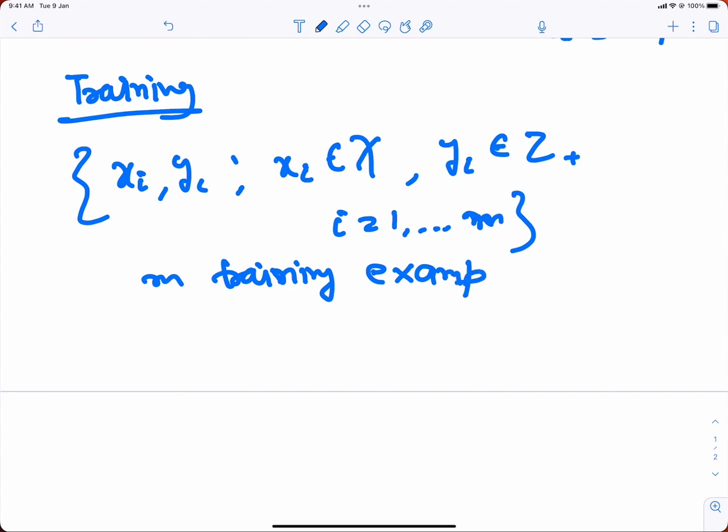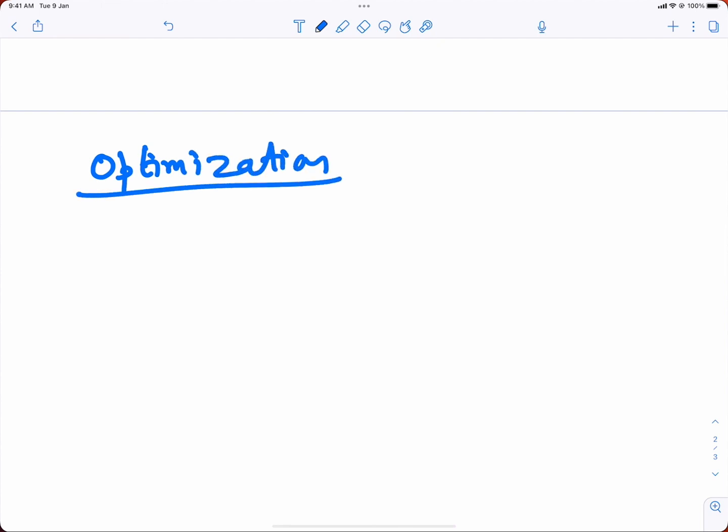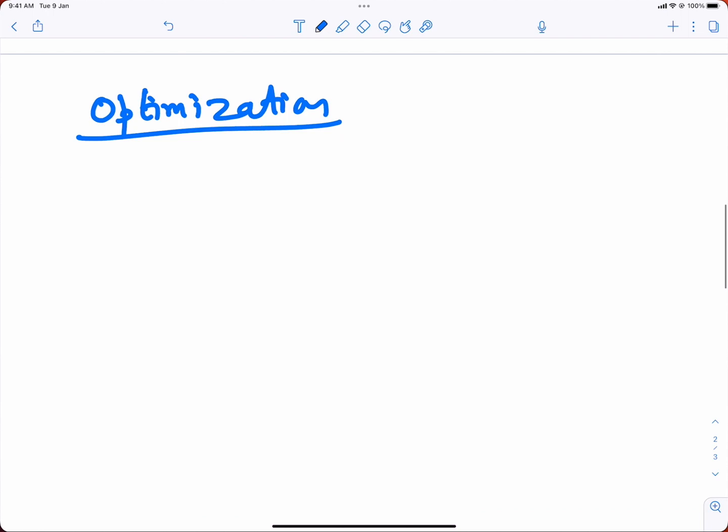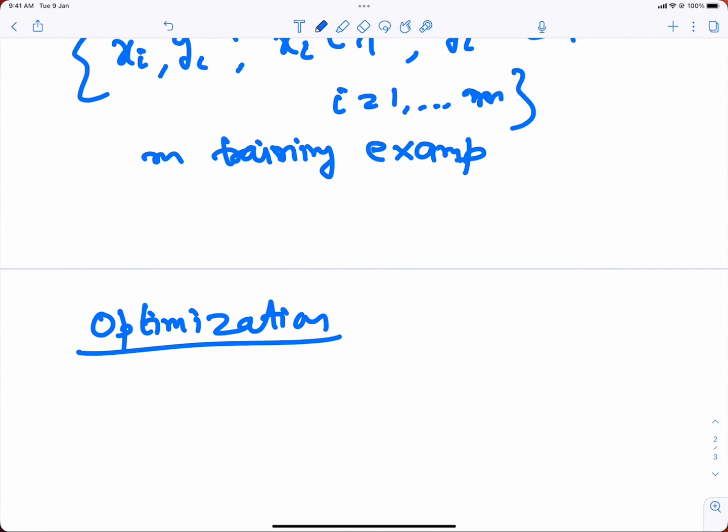And what is the optimization, what we want to do during the training? Optimizing means that we want to first compute the total loss. So what is the total loss when we have run all the examples of the training set? We have m examples, so we'll compute the loss for one example, then for the second example, and then add all of those.